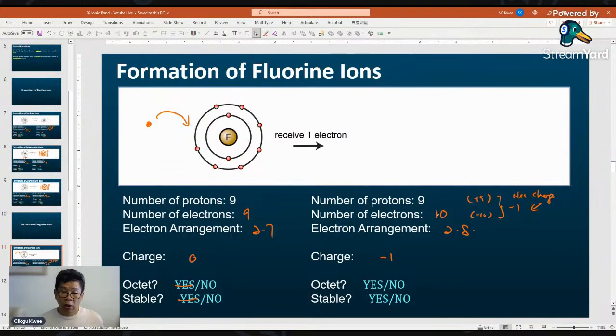Is it octet? Yes, because it has 8 valence electrons. It is octet and it's stable. For the electron arrangement, the first shell has 2 electrons, and then the outermost shell.